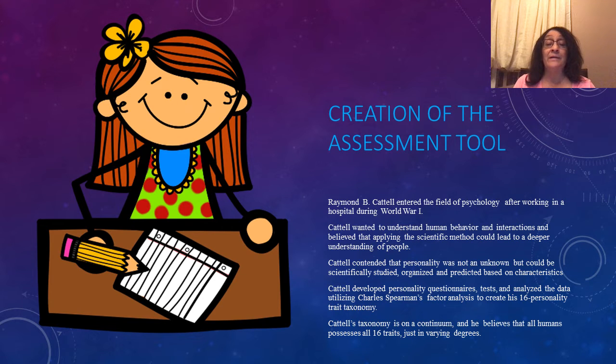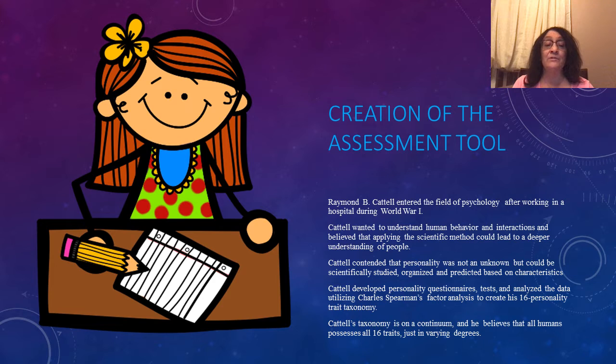He was inspired by these innovations and wanted to understand human behavior and human interactions, and he believed that by applying the scientific method, he would be led to a deeper understanding of people, the human mind, and personality. After witnessing the devastation of World War I, he felt like the scientific methods used in those discoveries could lead to an understanding of human behavior and help alleviate the woes of society.